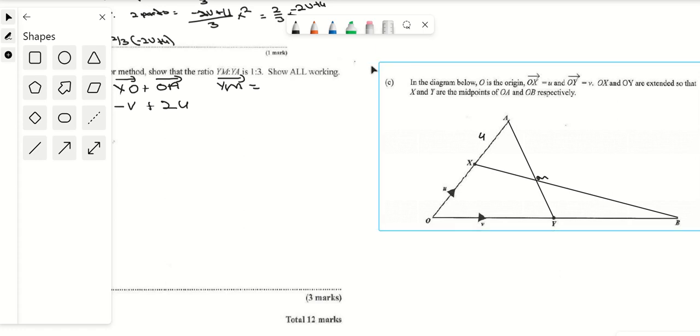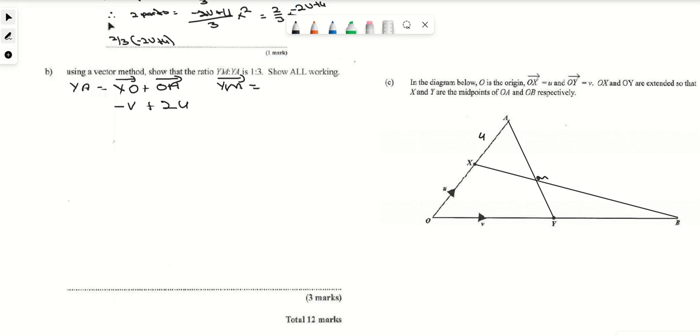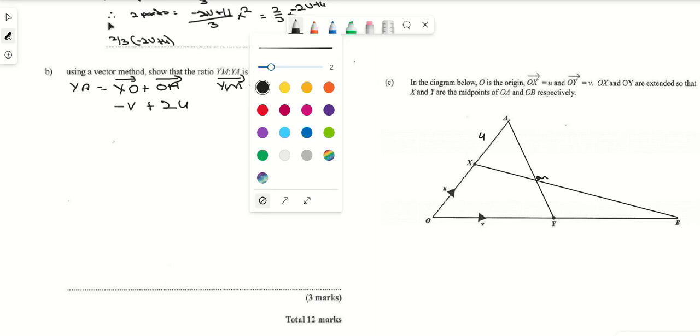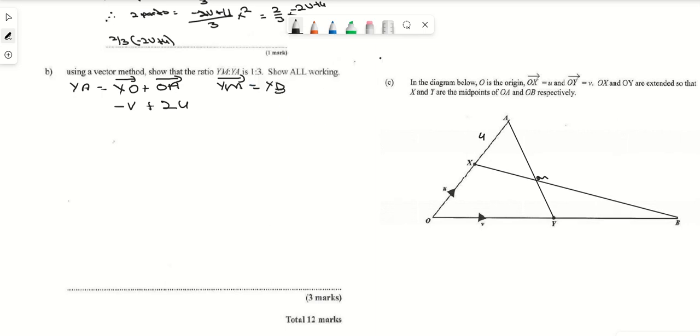So they want YM. YM would be YB plus BM. This is YB. Let's put this a little bit bigger. YB plus BM.